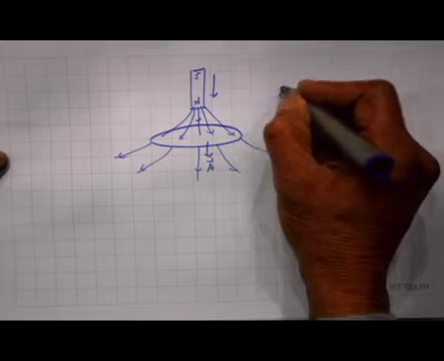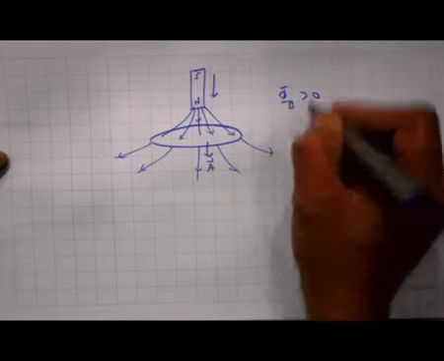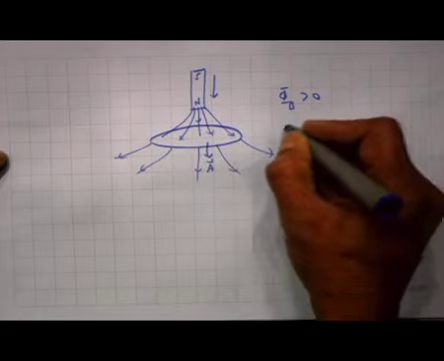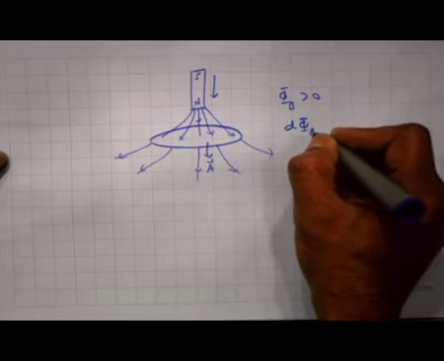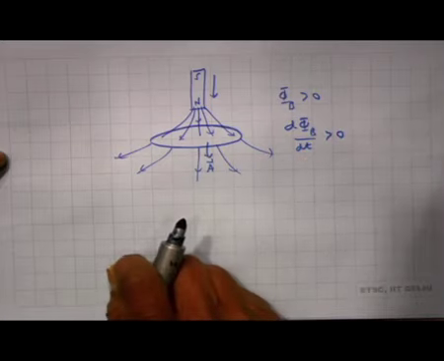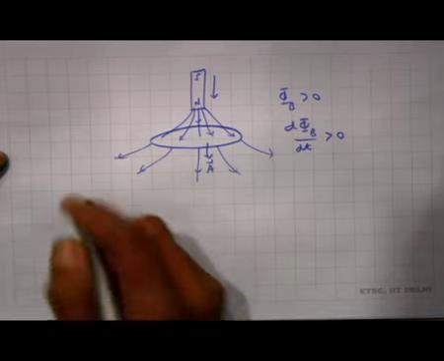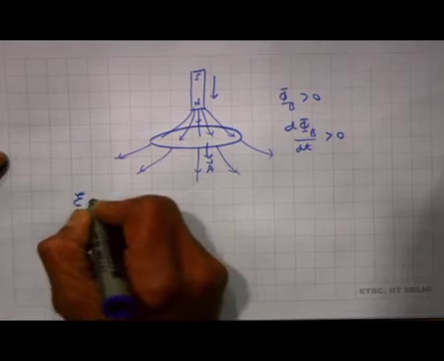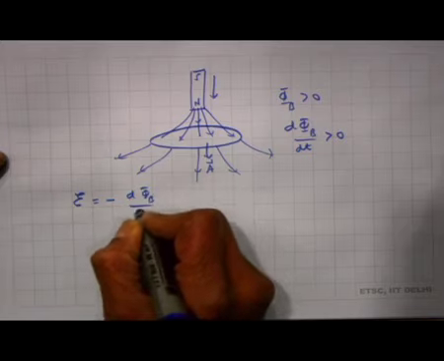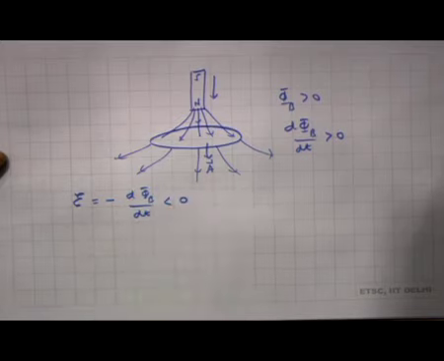So, the magnetic flux defined is greater than 0, and if I move the magnet towards the coil, then the rate of change of magnetic flux with time is positive. So, the flux is positive and increasing with time. So, there is an induced EMF which is minus d phi B by dt, which is negative.